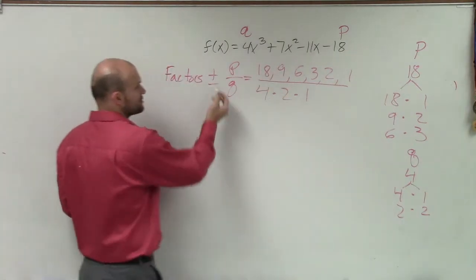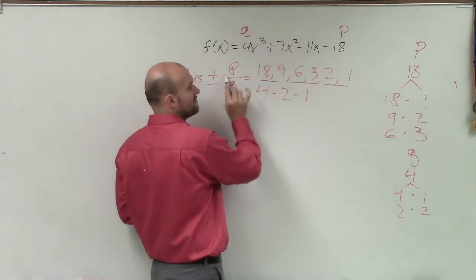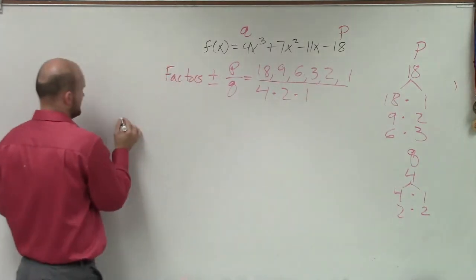So now what we need to do is take plus or minus, and set up every single possible combination of our factors of P over Q. So I'm going to leave myself a lot of space here.